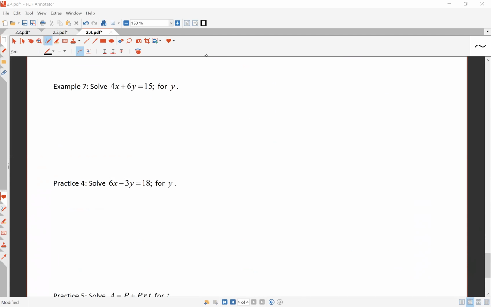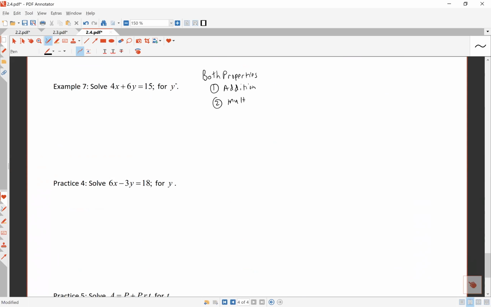And remember how I started this entire lecture off tonight when we said using both properties. We first use the addition property of equality, and second, we use the multiplication property of equality.